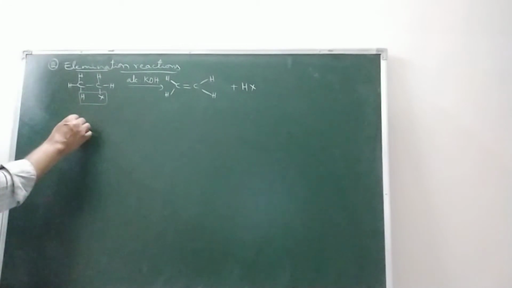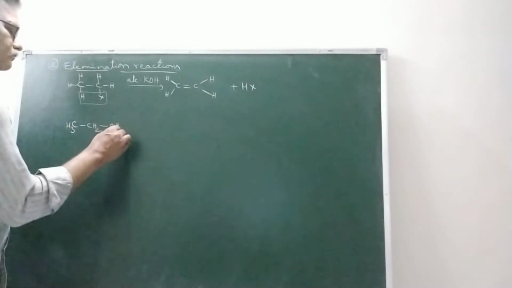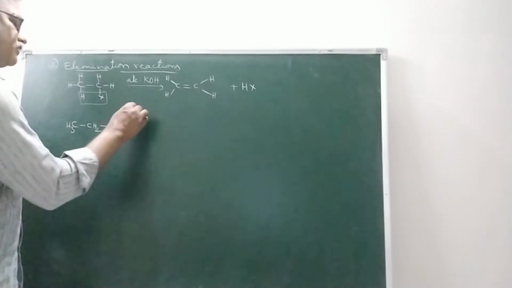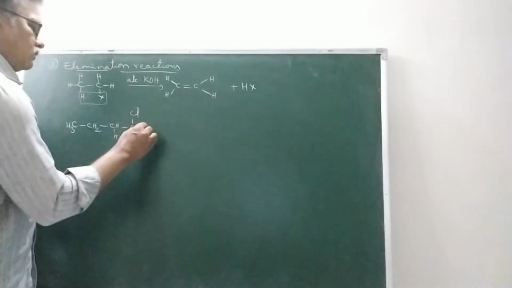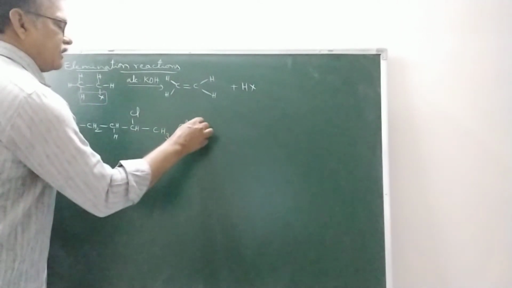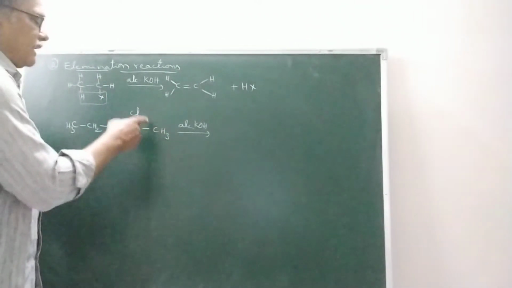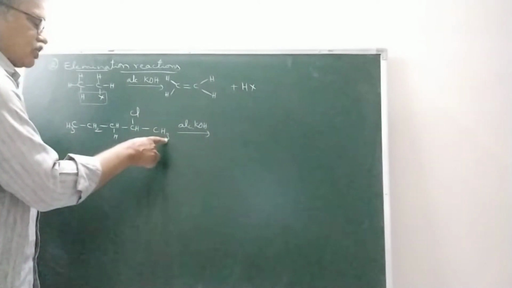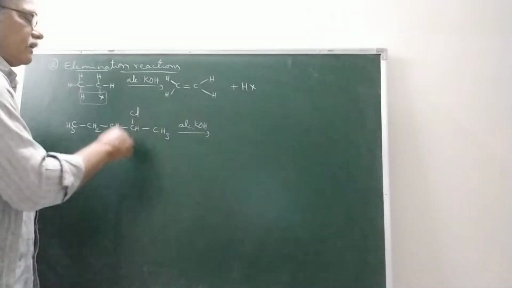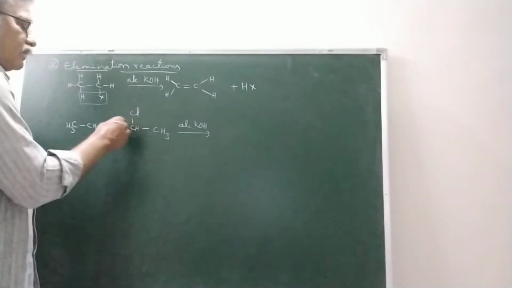For example, CH3CH2CH2CH2CHClCH3, if it is treated with alcoholic KOH, then there are two possibilities to remove HCl, the H of the first carbon and Cl as HCl. Then a double bond will be formed at this place.